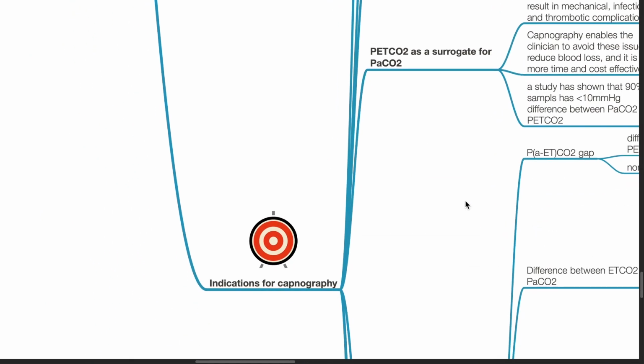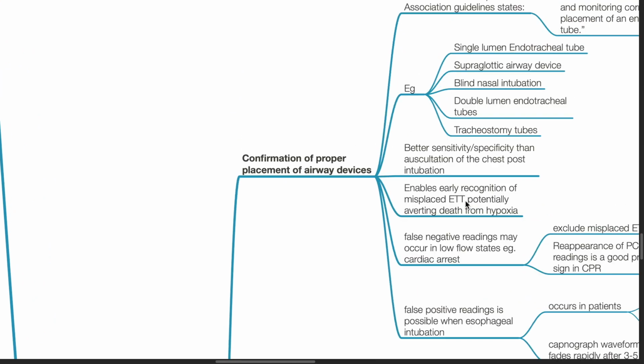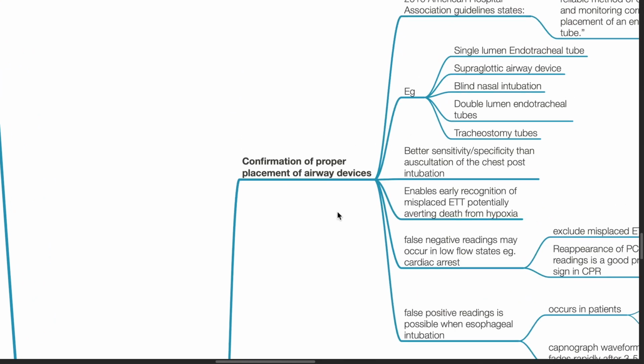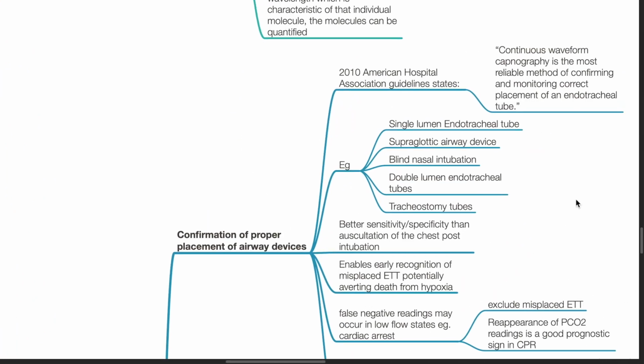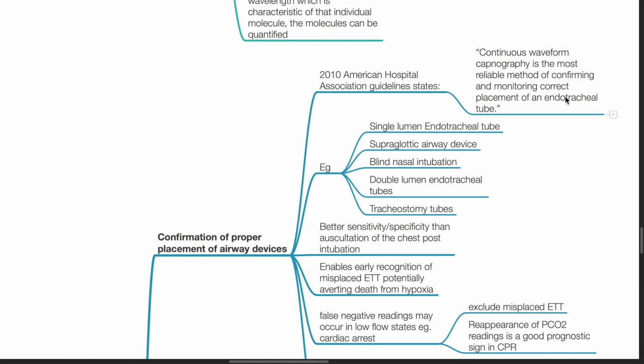Indications for capnography. Confirmation of proper placement of airway devices. The American Heart Association guidelines state that continuous waveform capnography is the most reliable method of confirming and monitoring correct placement of an endotracheal tube.